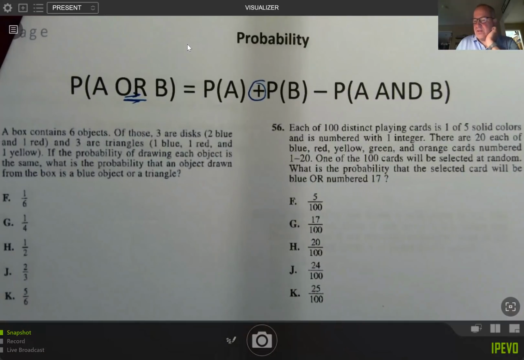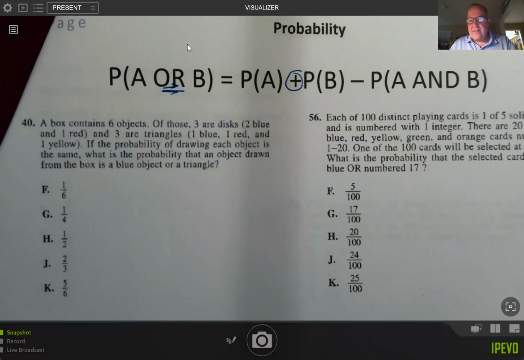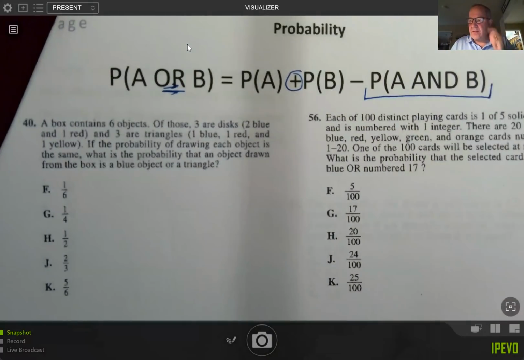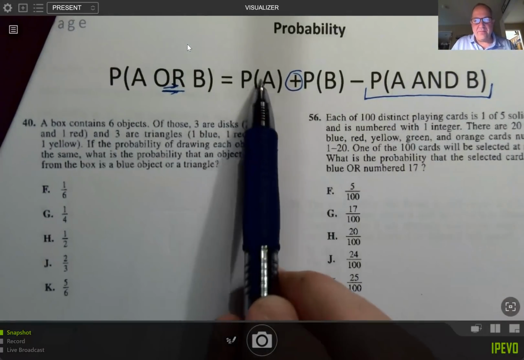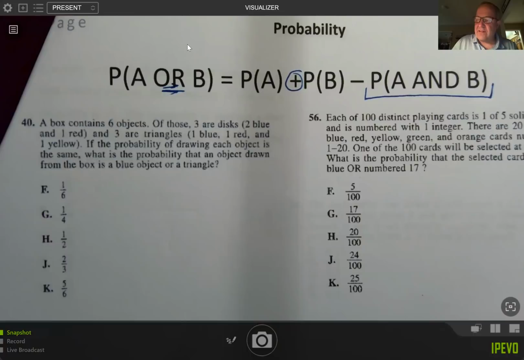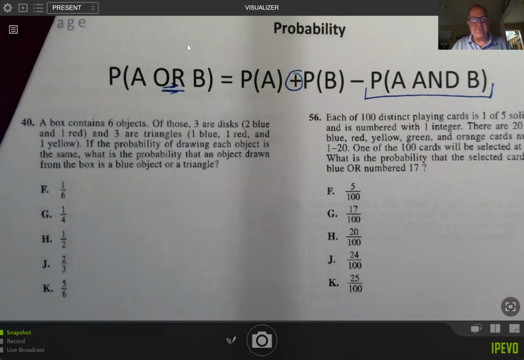And these ones usually, if you want the numbers, 40, 56, they're definitely tougher questions because people always forget to subtract the overlap. Because what happens is you're going to add up the probability of A plus the probability of B, chances are there's going to be something that's in A and B. We're going to end up counting it twice. And so we've got to subtract it to make sure we're not counting it twice.